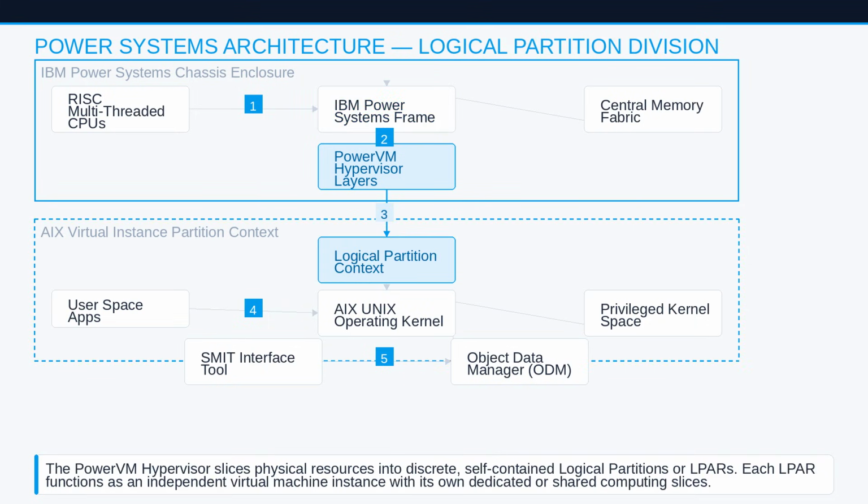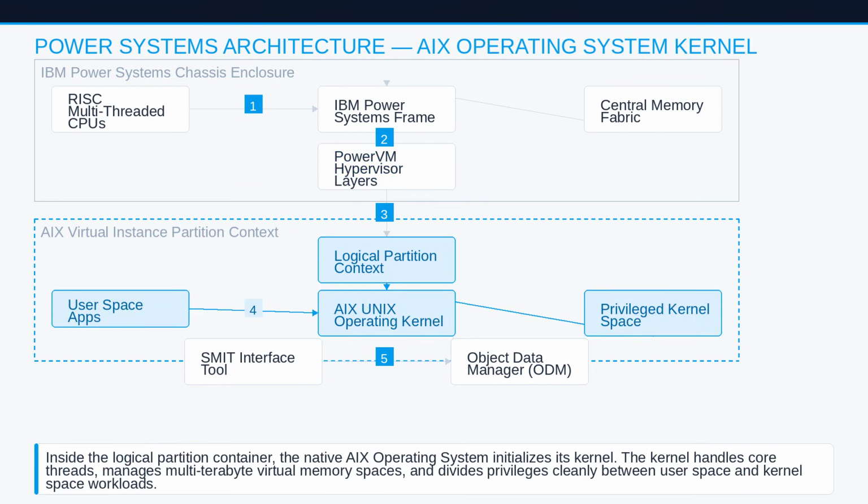The PowerVM hypervisor slices physical resources into discrete, self-contained logical partitions or lpars. Each lpar functions as an independent virtual machine instance with its own dedicated or shared computing slices. Inside the logical partition container, the native AIX operating system initializes its kernel.